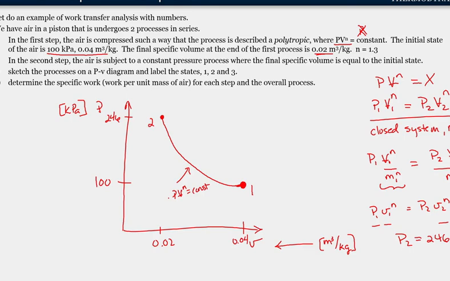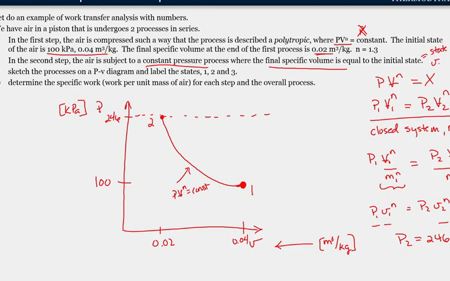Now we need to get from state 2 to state 3. We know that the air is subject to a constant pressure process, so it's going to be somewhere along a constant pressure line. What we need to decide is, will my line move to the right or to the left to get to state 3? Well, we're told the final specific volume is equal to the initial state, that's state 1.